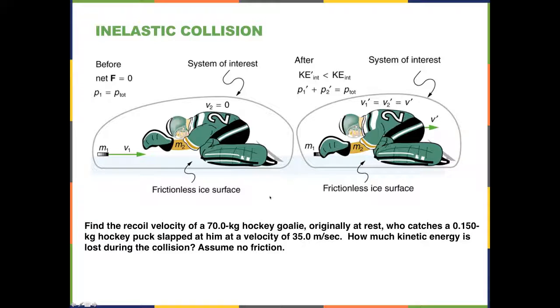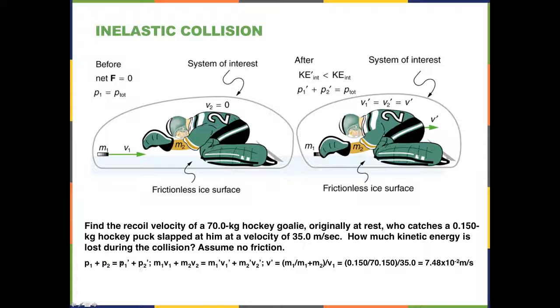So here are the numbers. The goalie weighs 70 kilos, the puck weighs 0.15 kilos and is traveling at 35 meters per second. It asks how much kinetic energy is lost after the collision. We start out with the sum of the momentum before equal to the sum of the momentum after.